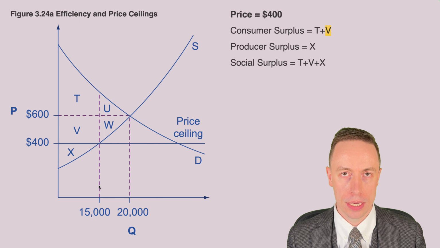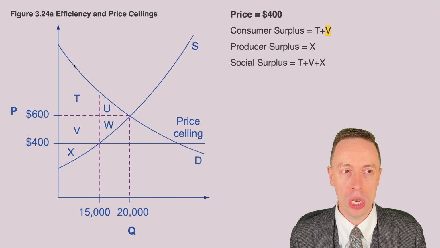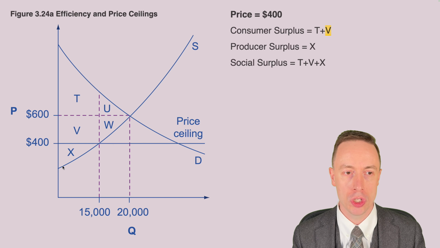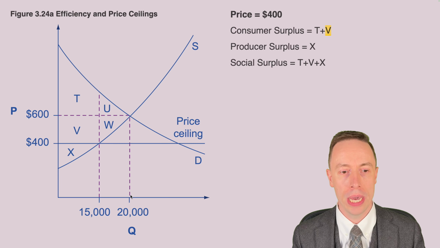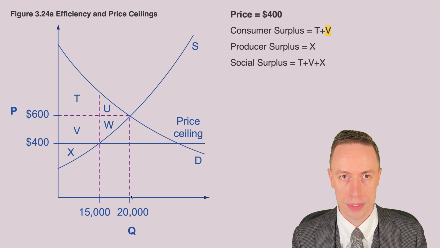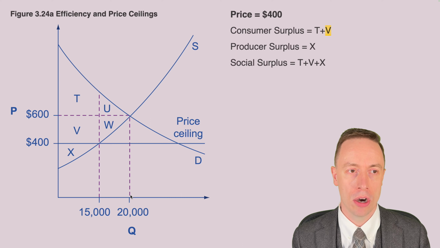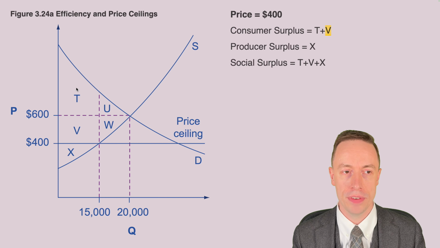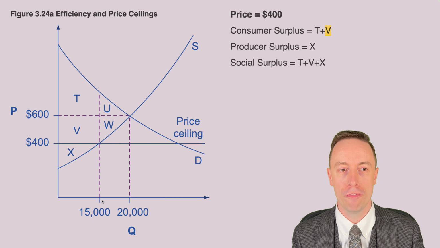Without the price ceiling, social surplus encompassed all areas between demand and supply all the way out to 20,000. Now, it only encompasses the areas T, V, and X between demand and supply out to 15,000 units.